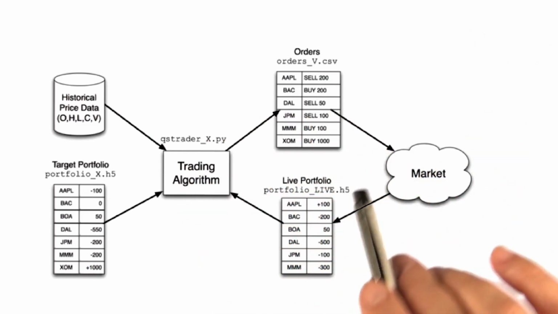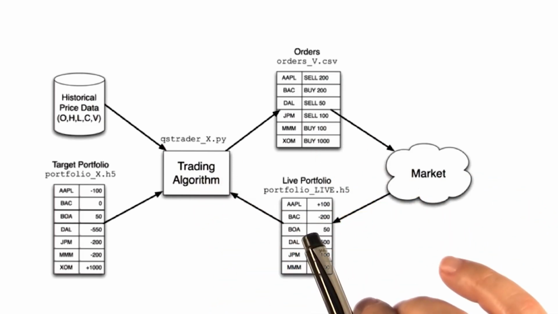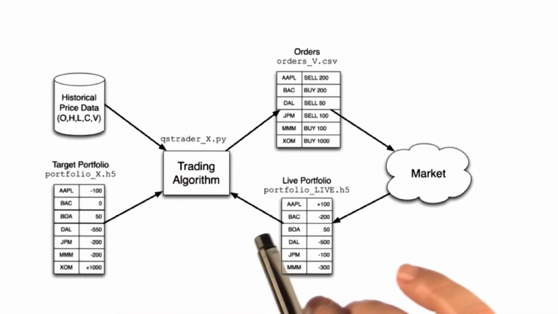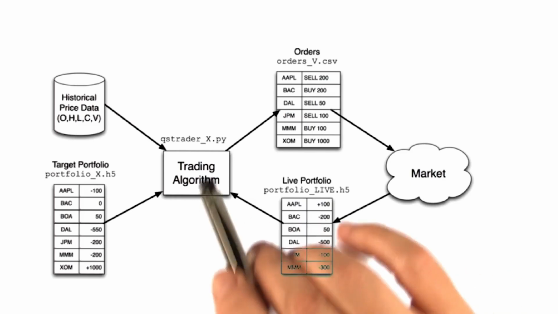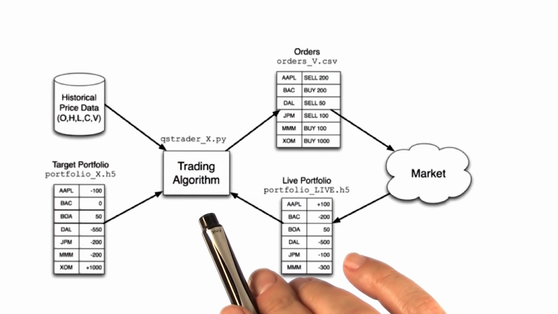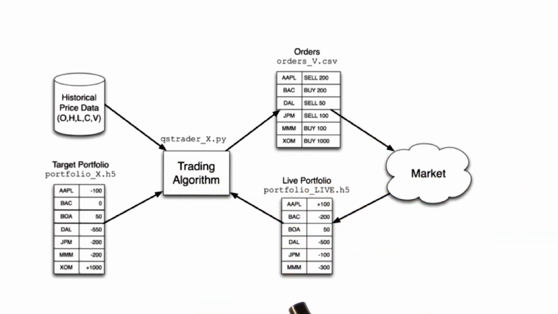So this trading algorithm takes those sorts of things into consideration as it moves our live portfolio closer to the target portfolio. In fact, sometimes it takes days to enter a particular position. So this doesn't necessarily happen all at once. And there are many, many different types of trading algorithms that have been invented to solve these problems.